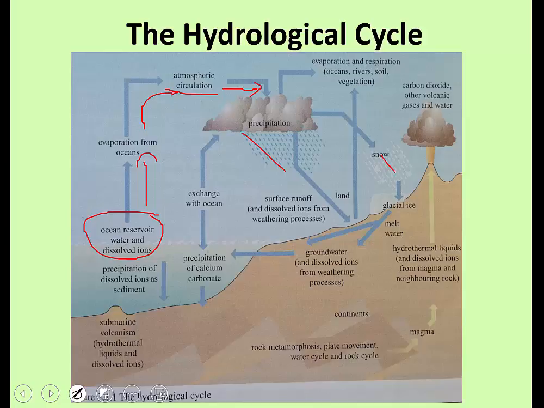We can have respiration going on where this moisture is taken up by other sources, oceans, rivers, soil, vegetation, and then cycles back through. So as this moisture hits land, in the form of ice or rain, we get surface runoff, which picks up material from the surface, dissolved ions, silt, mud, so on and so forth from weathering processes, or we get meltwater that permeates the ground as groundwater.